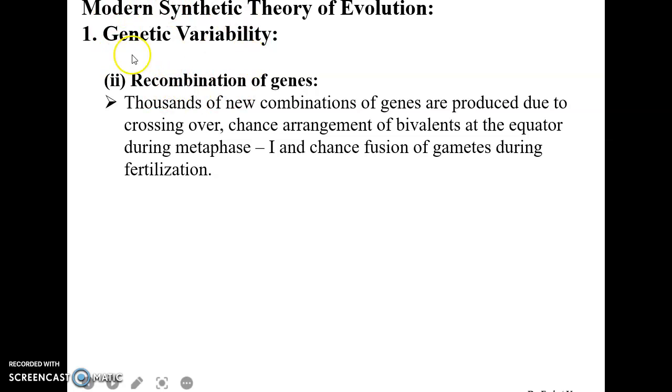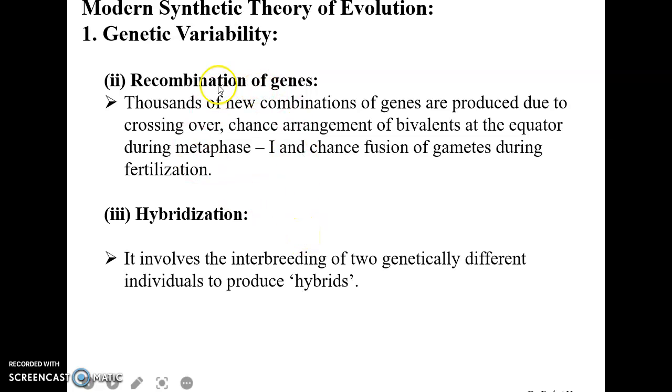Another source of genetic variability other than mutation is the recombination of genes. Thousands of new recombinations of genes are produced due to crossing over, chance arrangement of bivalents at the equator during metaphase I, and chance fusion of gametes during fertilization. So these also result in the recombination of genes and genetic variability.